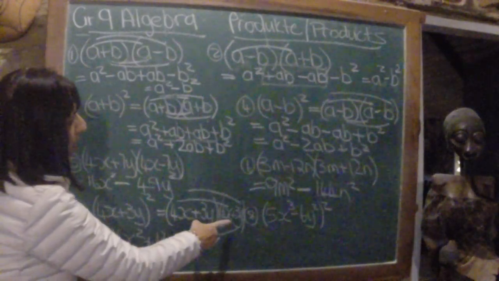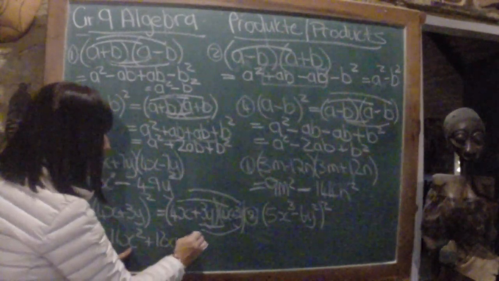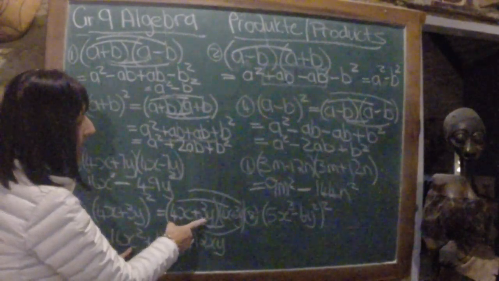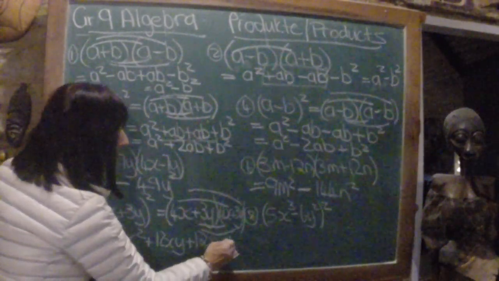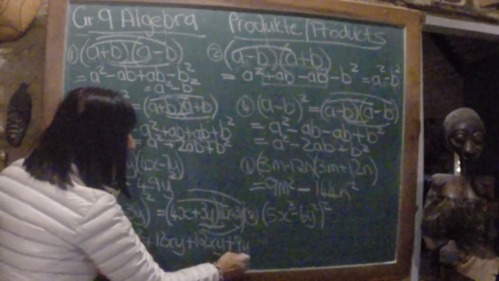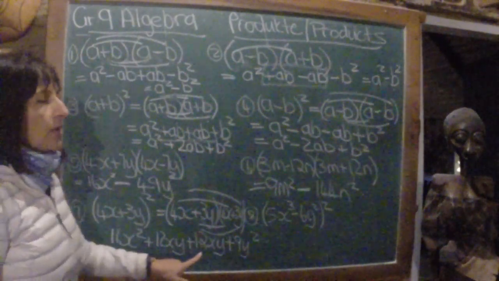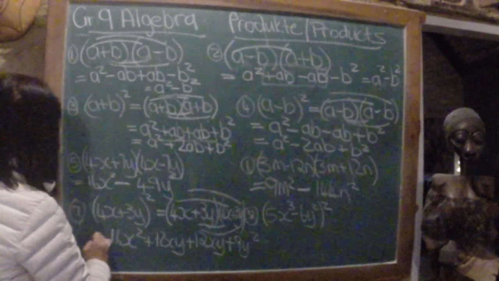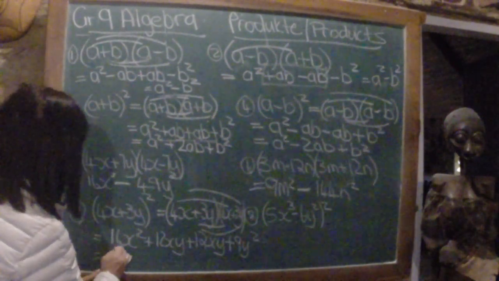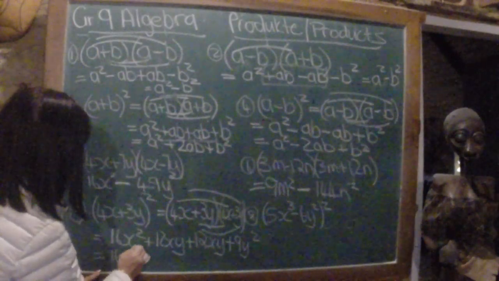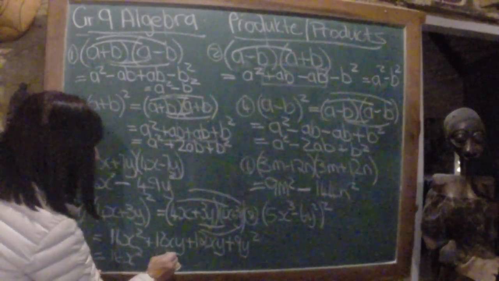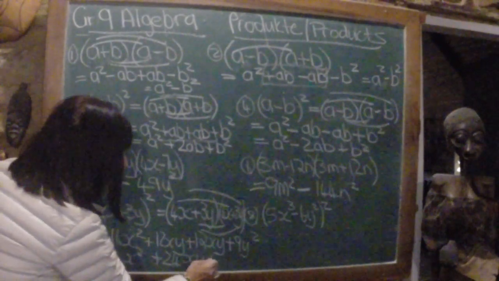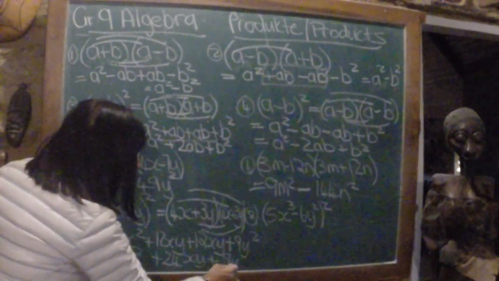Plus 3y times 4x is plus 12xy. And 3y times 3y is plus 9y squared. The middle terms add up because they're the same thing. So my final answer is 16x squared plus 24xy plus 9y squared.